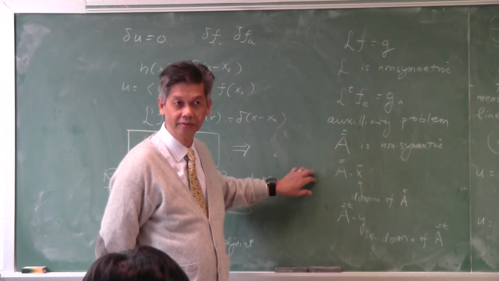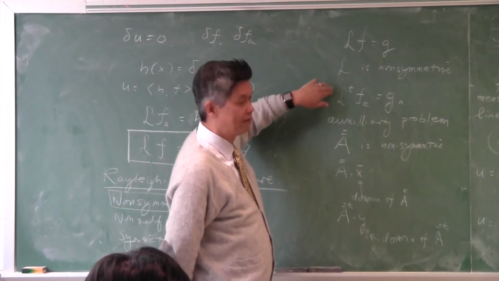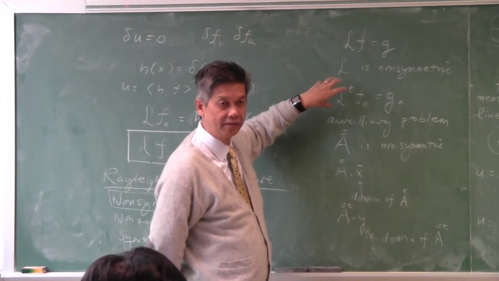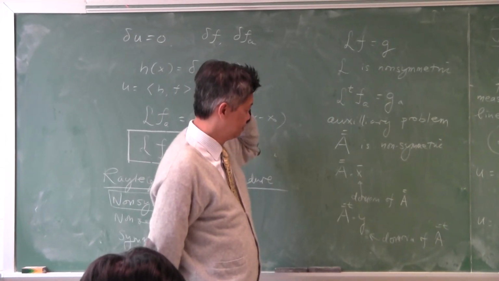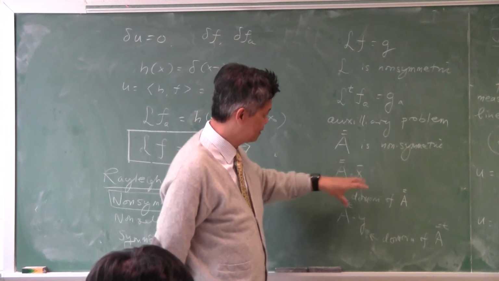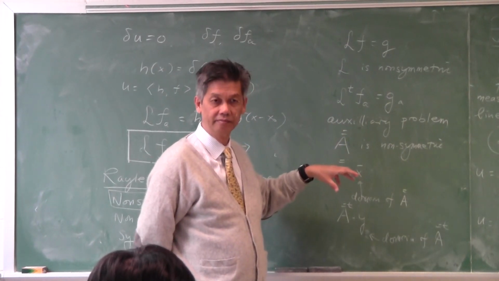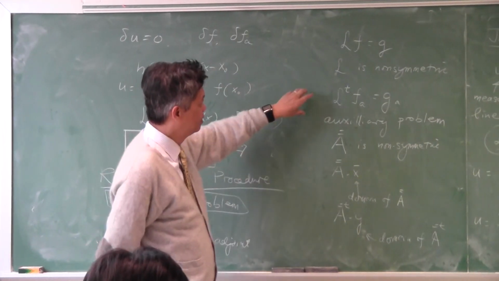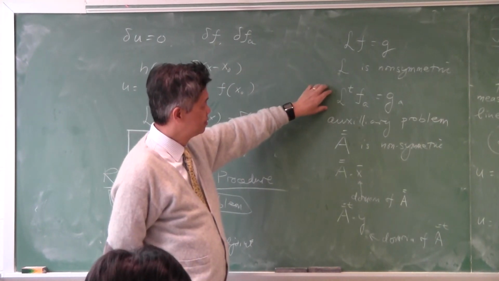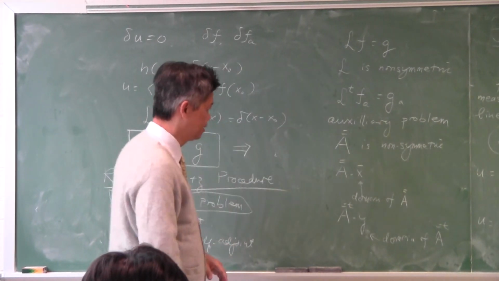If it's a symmetric operator, the domain space will be the same. The domain is the space of vectors that the operator acts on. So we have to keep track of the solution in the domain space of the transpose operator as well as the original operator. Okay?